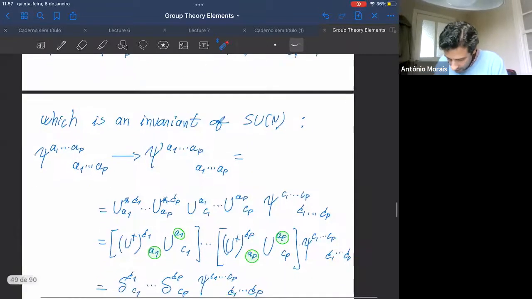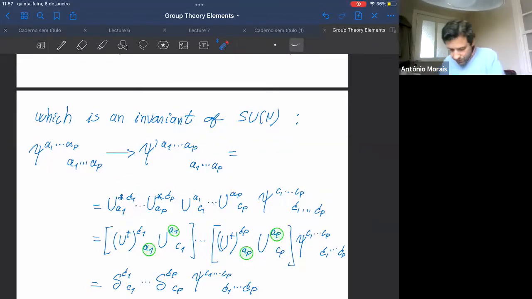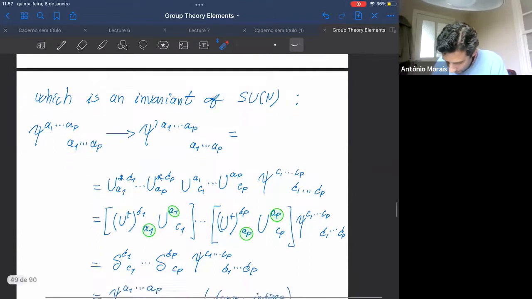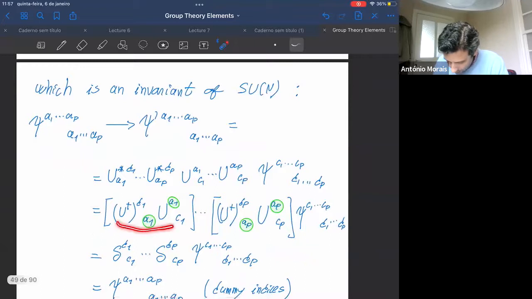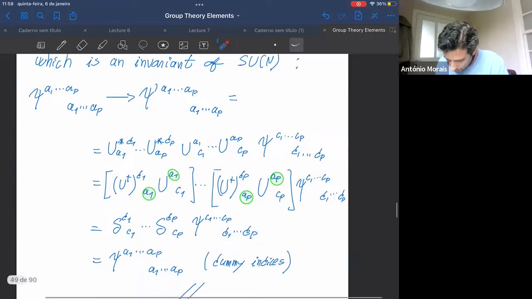Now we can organize them. This complex conjugation is like having a dagger, and then you flip the order. So D comes inside, A comes to the left, and the other one goes to the right. You can now contract this, and you know that this is a delta, and a lot of other deltas here. Once again, you have a lot of deltas stacked in front of C1 to CP and D1 to DP.